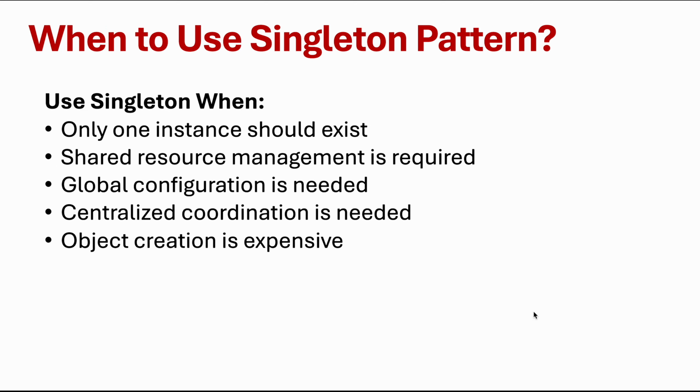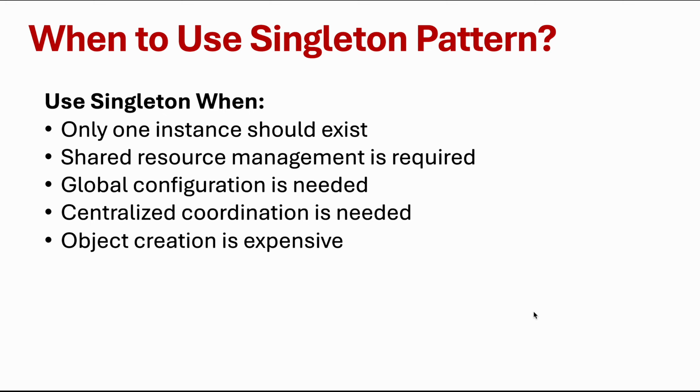Now when should we use this pattern? For what problem statement should we use singleton? We only use singleton when we need only one instance, when there is a requirement that only one instance should exist, when some sort of shared resource management is required for global configuration or centralized coordination.